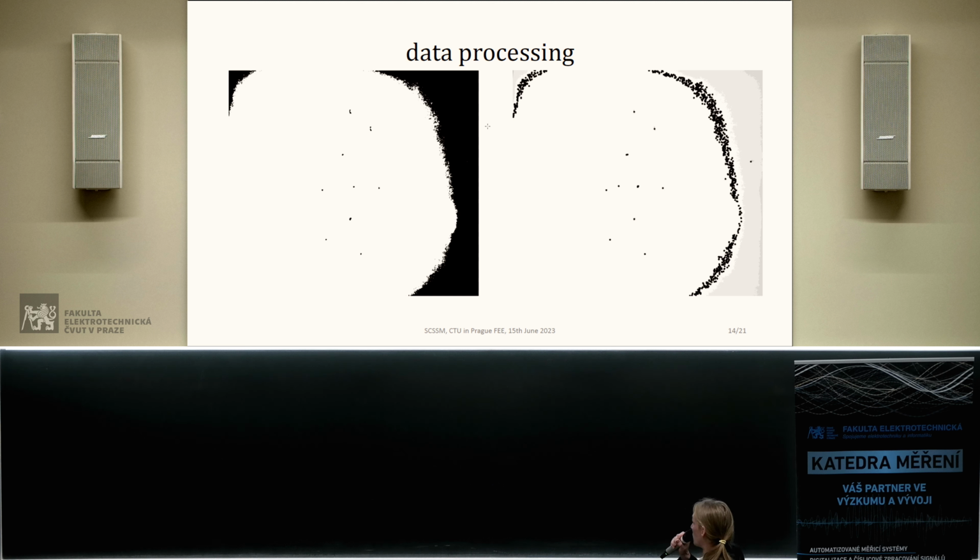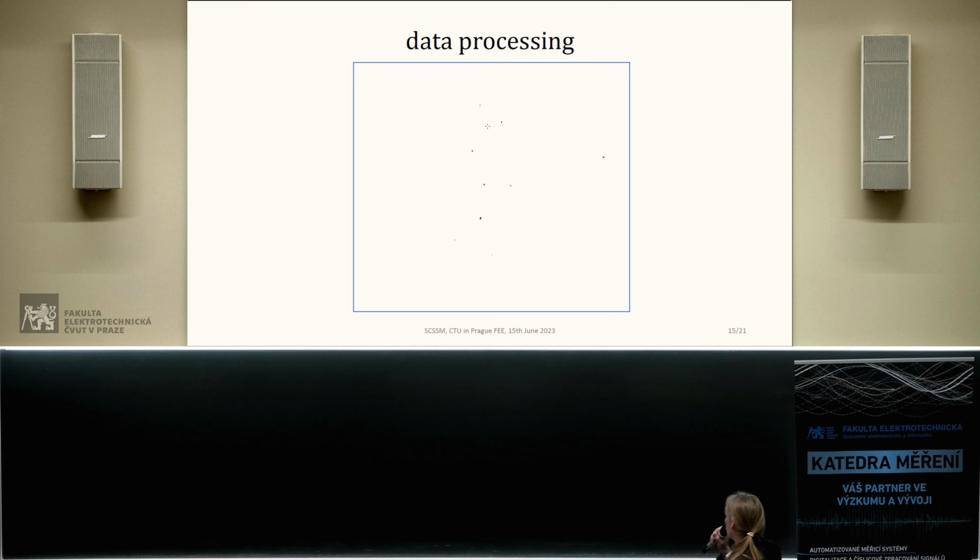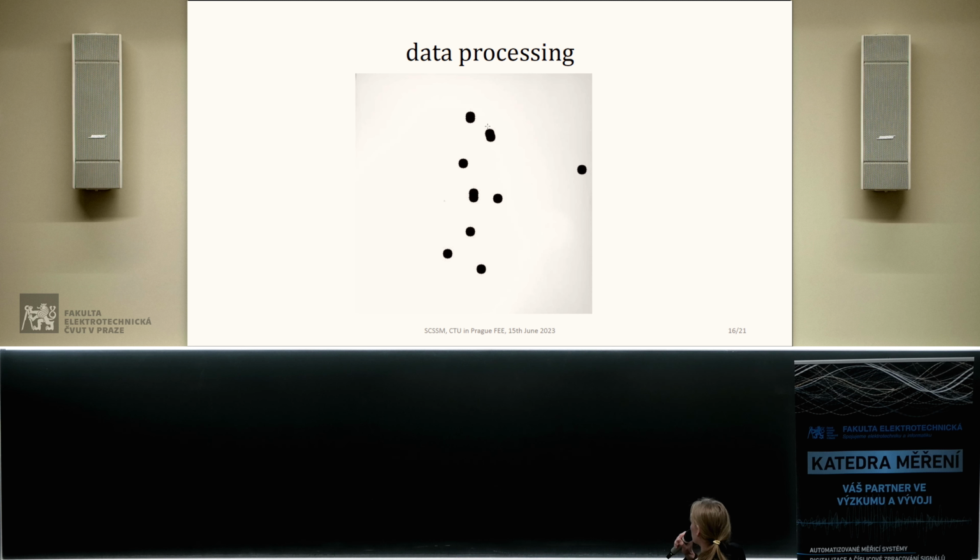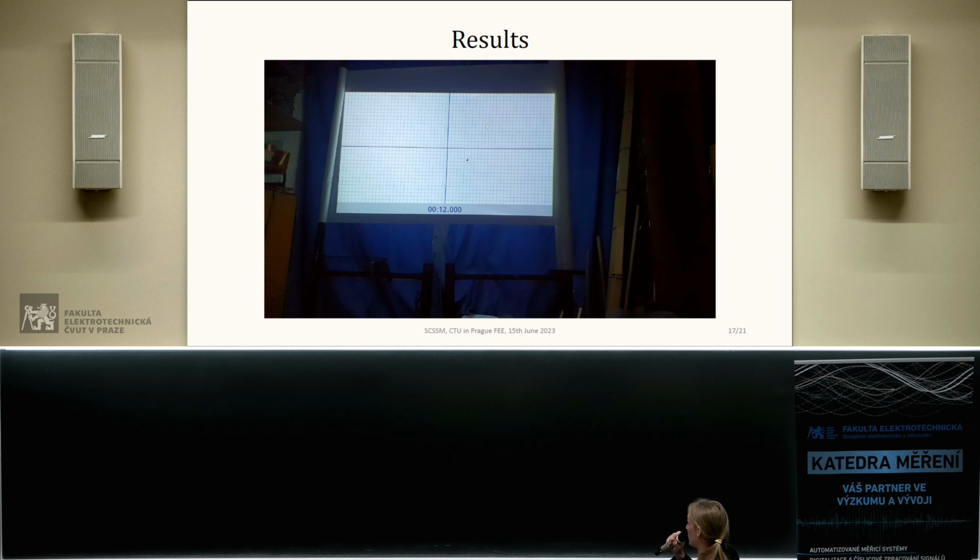We can see bad settings of the threshold, but here is the finished processed picture with only 2 colors, black and white, with bullet holes, and the next step is to find the bullet holes by program. The output of the program is 1 picture for 1 shot.